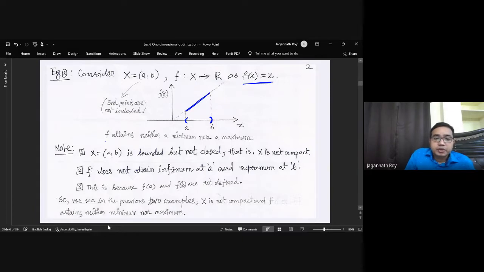If you remember the definition of a supremum and infimum, then you will see that a is our infimum point, and the supremum point will be b. That means we take the upper bounds and take the minimum. So that will be the least upper bound, that is b, called the supremum. And the infimum will be to take the lower bounds, take the maximum. So that will be called the infimum.